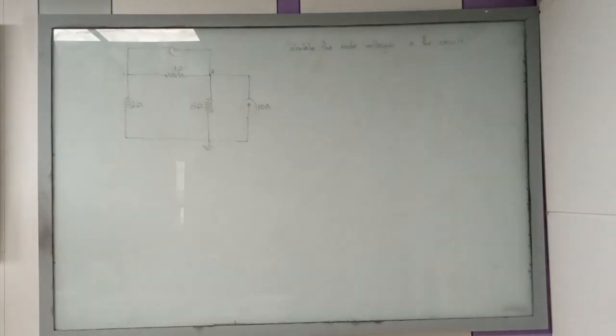So this is a simple problem that you have to solve and find the node voltages in the circuit. So the first step is to determine the reference node. So what should be the reference node over here?